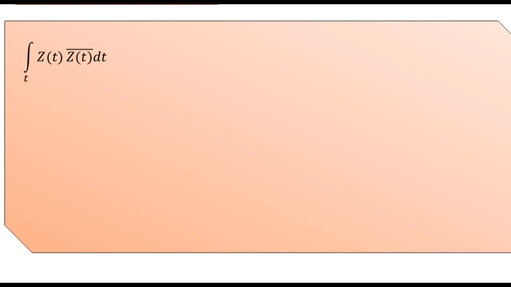So for the projection of a function onto a complex function, we must have multiplication of the first function with the complex conjugate of the second function, and then the integration is to be carried out here.